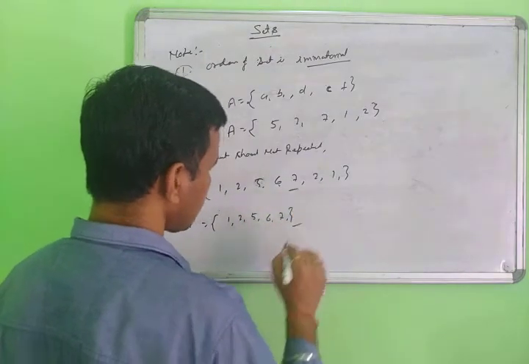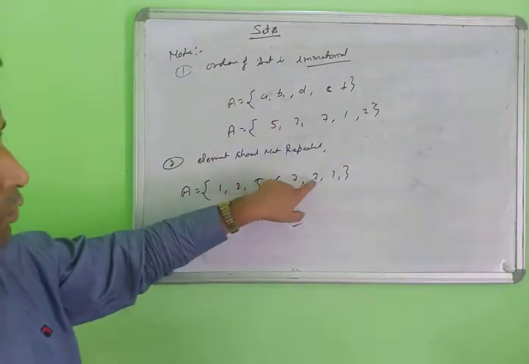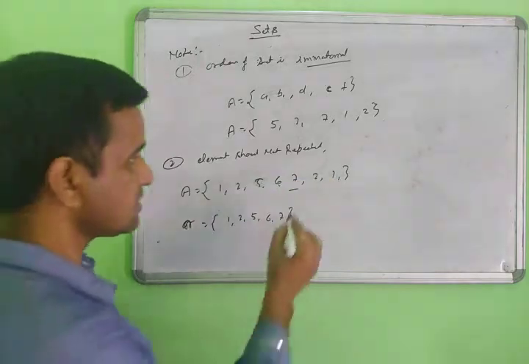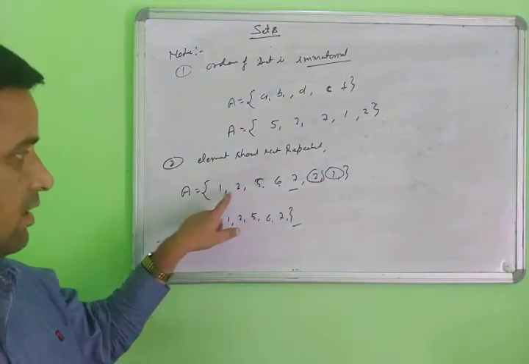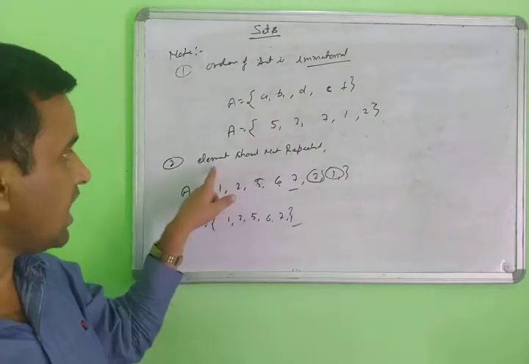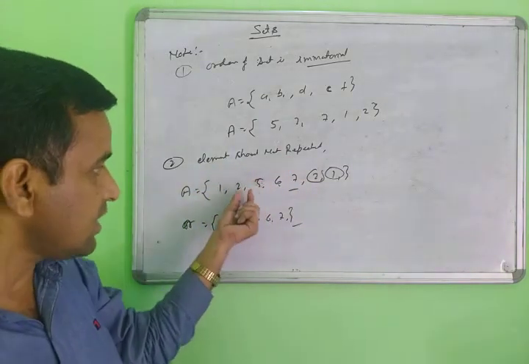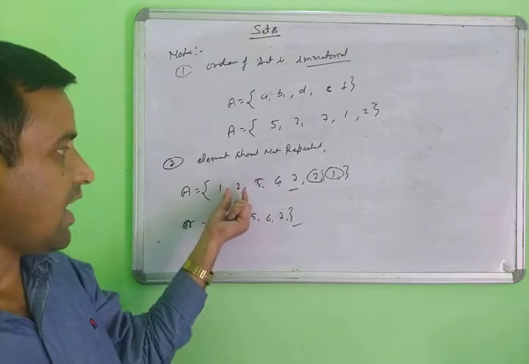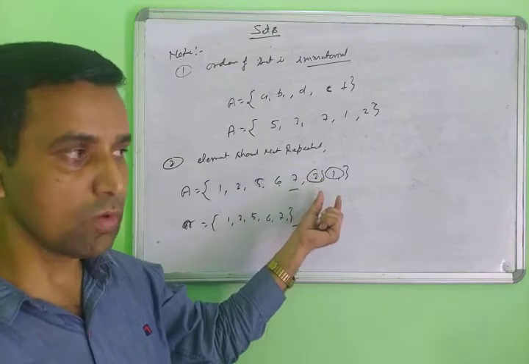Both sets are the same. Since 1 and 2 already came, the elements should not be repeated. Any repeated elements will be counted only one time.